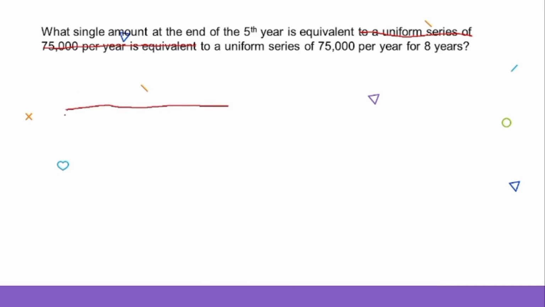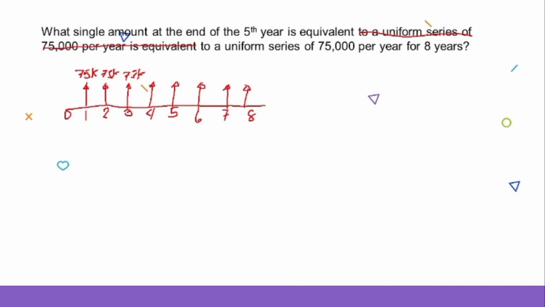So, we have 0, 1, 2, 3, 4, 5, 6, 7, and 8. Lahat ng to is 75,000.